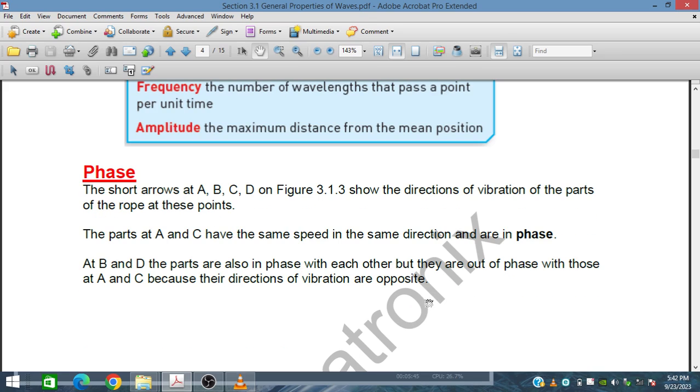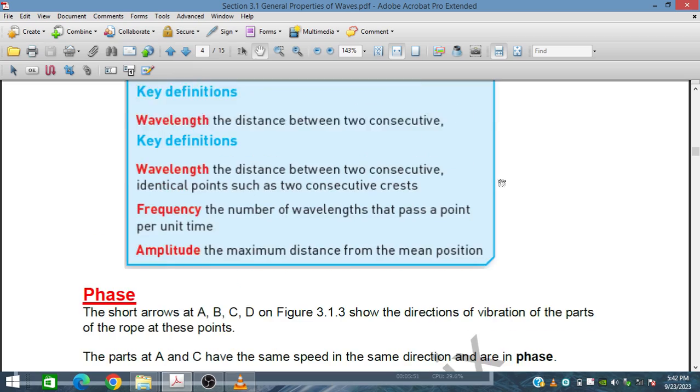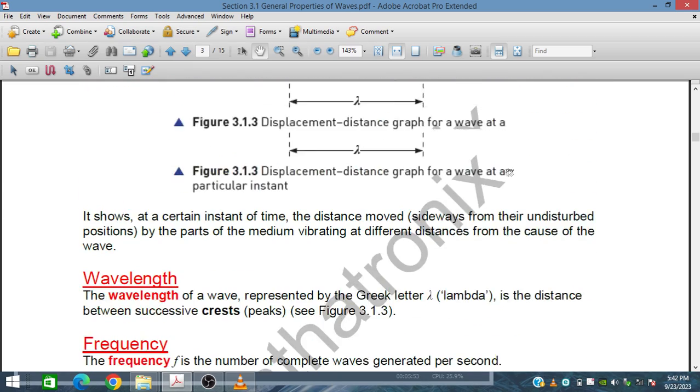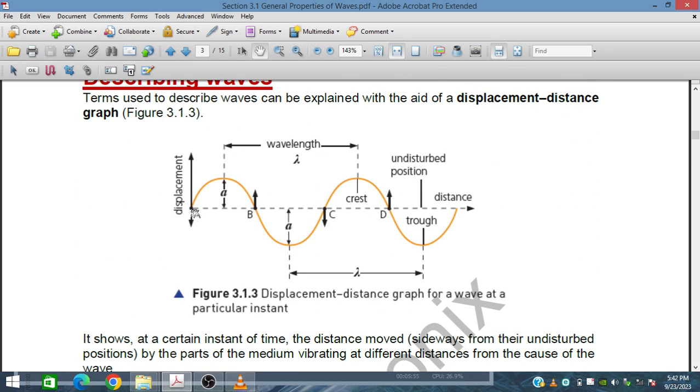Now the phase. The short arrows at points A, B, C, D on the figure show the direction of the vibration of the part of the rope at these points. Here we can see that points A and C are in the same phase. Similarly, points B and D are in the same phase. So from point A to point C, because they are in the same phase, this is the wavelength.